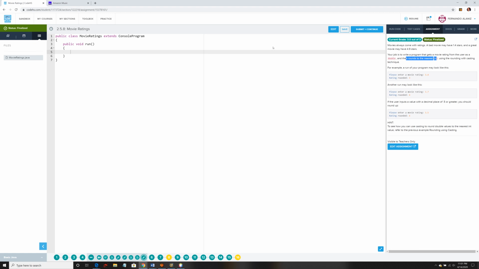So for example, a run of your program may look like this. Please enter a number, that's 3.4, round to the nearest int. It's going to be a 3 because that's in the tenth. And it's a 3 because 4 is less than 5. So basic math on this one, guys. Okay, so that one, because it was bigger than a 5, it was a 4. So let's do that. How would we do that?